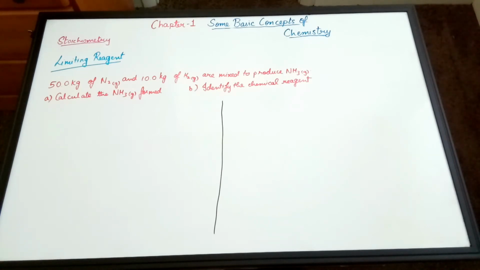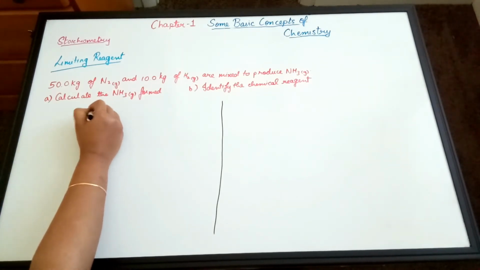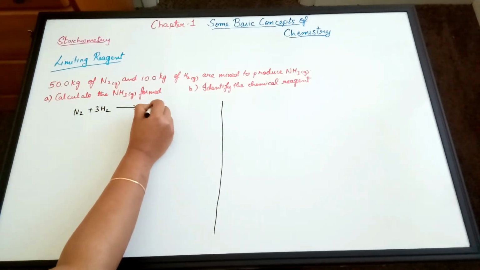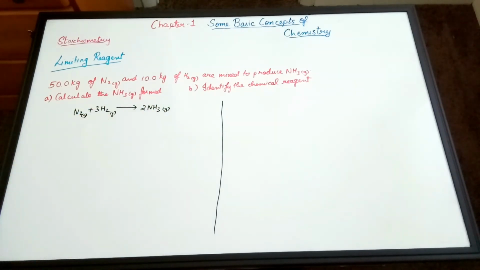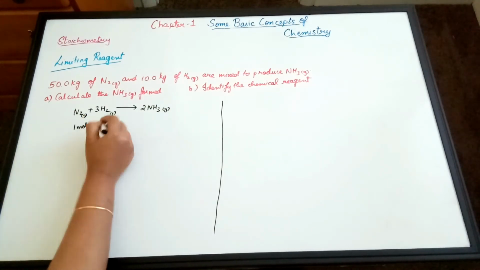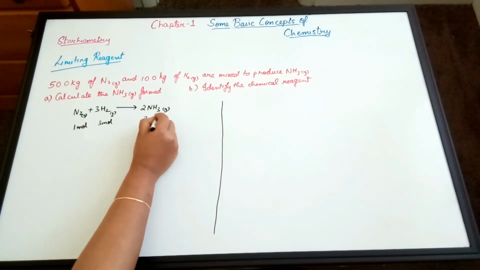So let's first write down the balanced chemical equation. N2 plus 3H2 gives rise to 2NH3, all in gaseous state. Okay, so 1 mole of nitrogen and 3 moles of hydrogen react to form 2 moles of ammonia.